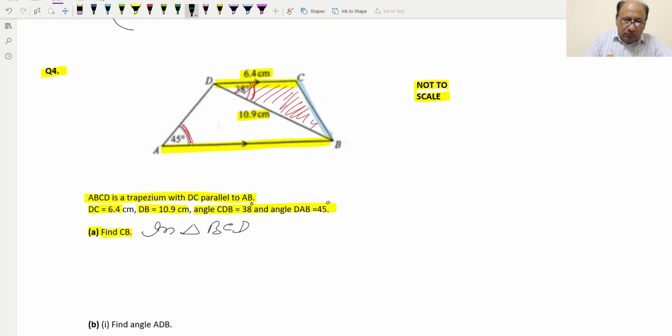CB squared is equal to 6.4 squared plus 10.9 squared minus 2 into one side, 6.4, into the other side, 10.9, and cos of the angle, which is 38 degrees.